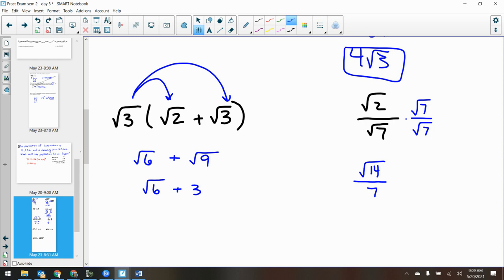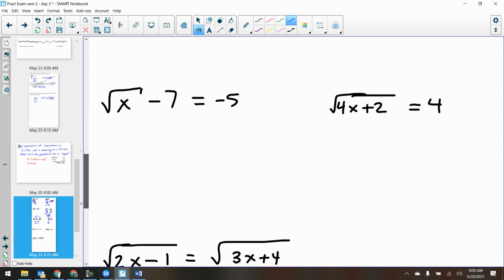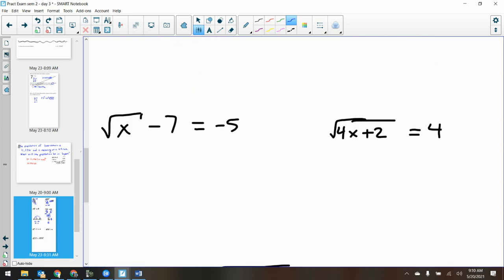Okay, I really need to point out how to do problems like this, because this was a huge issue. A lot of you guys that missed a lot of points on this past test, it's probably because you didn't solve these equations correctly. You need to square both sides once you get the radical isolated.